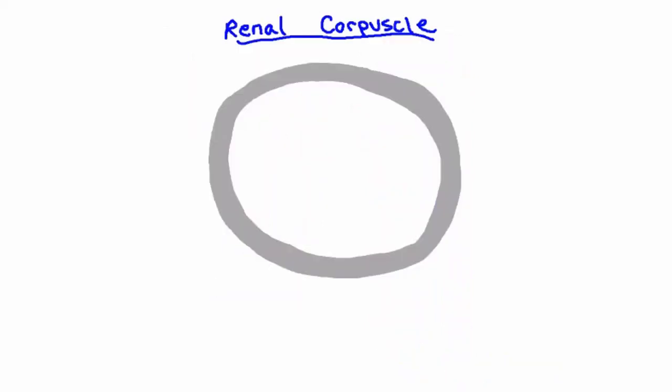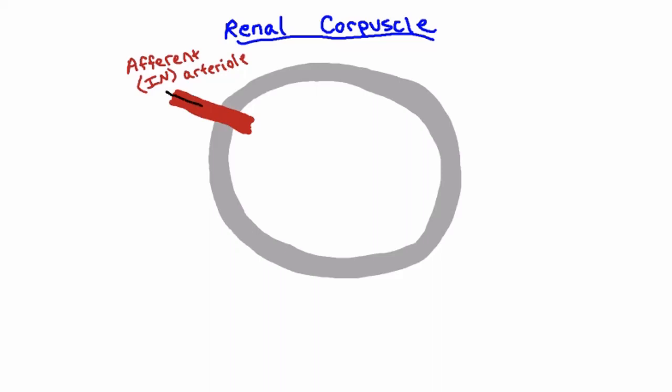Now, once again, here's a close-up of the Bowman's capsule of the renal corpuscle. And what happens is you have this afferent arteriole, this entering miniature artery, and that's the afferent, or in, arteriole.